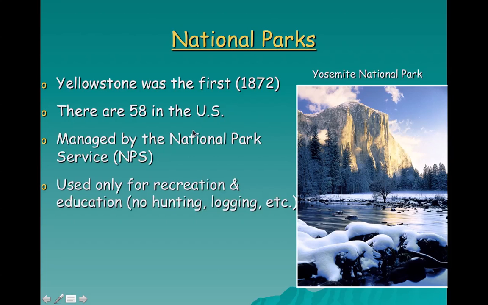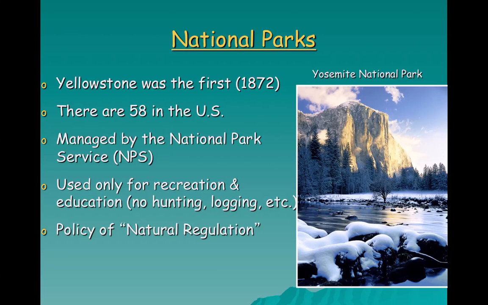And they can only be used for recreation and education. So, just think about what you're allowed to do when you go to Yosemite. You can't hunt, you can't log. They have this policy of natural regulation, which means, when you regulate a habitat, you basically try to control it. Regulating population numbers would probably entail some sort of culling or hunting to take population levels down.